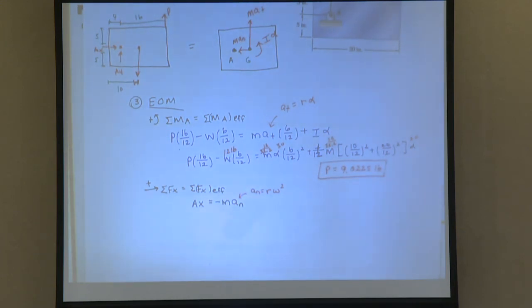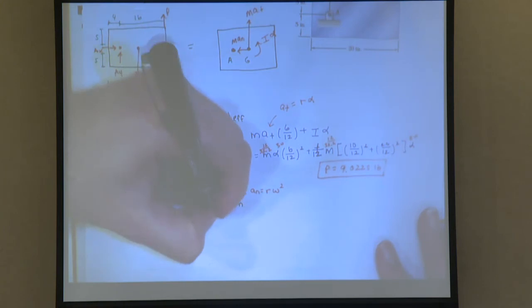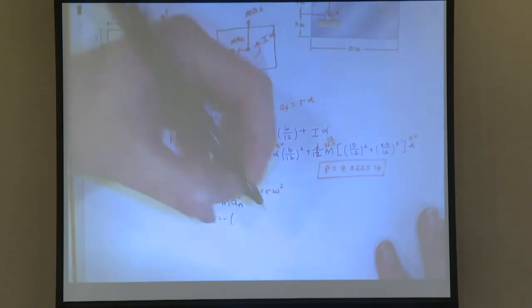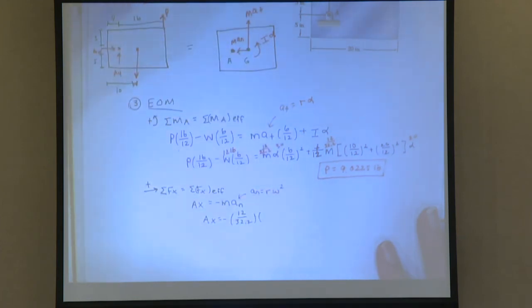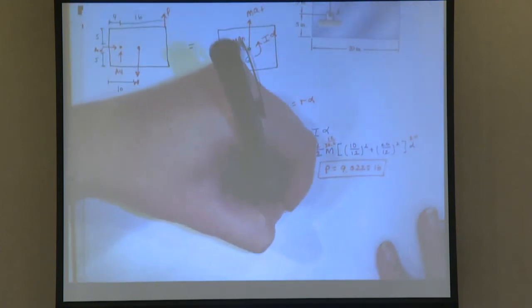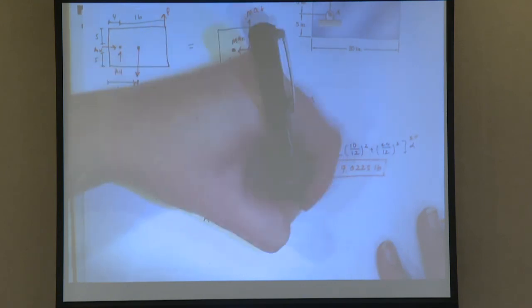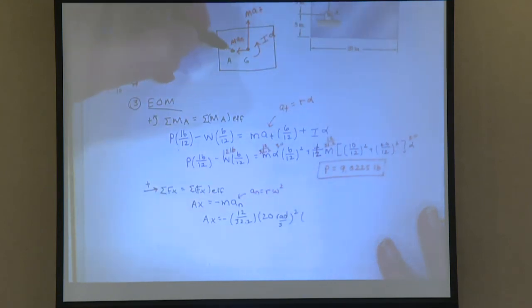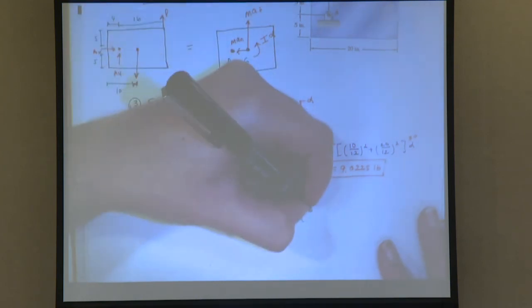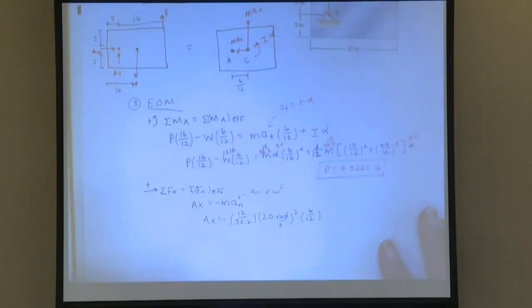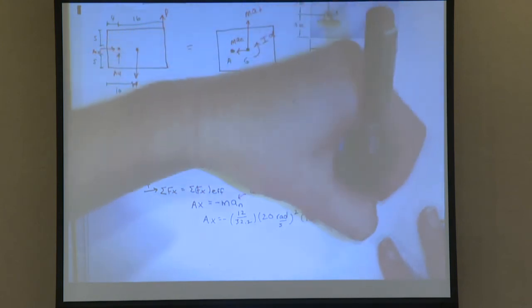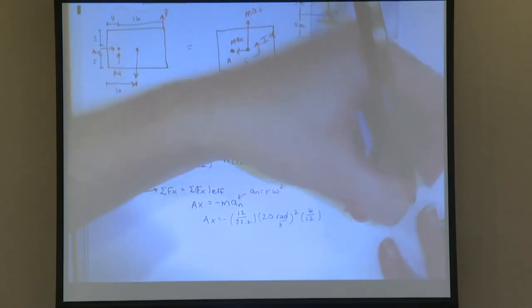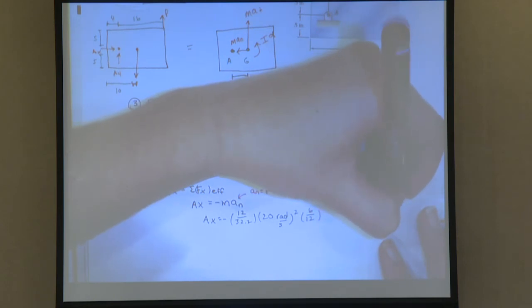Plugging everything in, A_X equals negative 12 over 32.2 times, what was our omega? 20 radians per second, and the R we have is this distance, which we said was 6 over 12. So A_X should be negative 74.534 pounds.